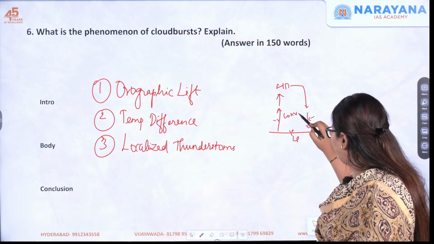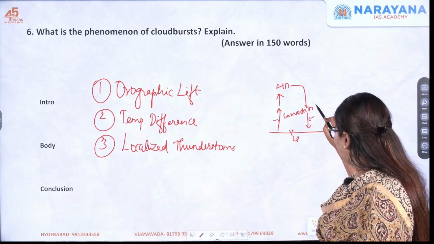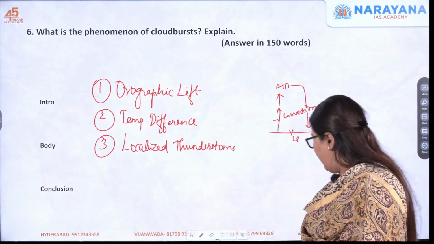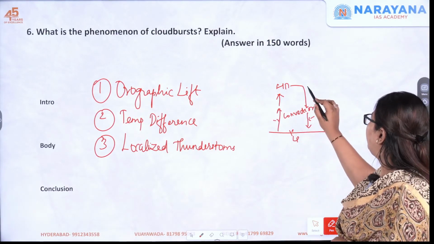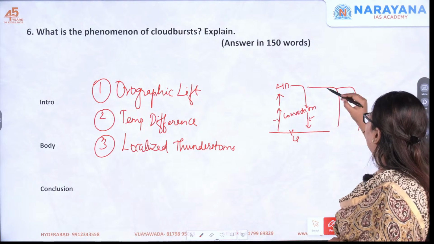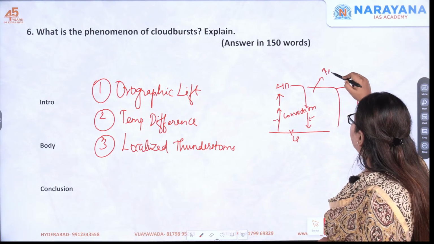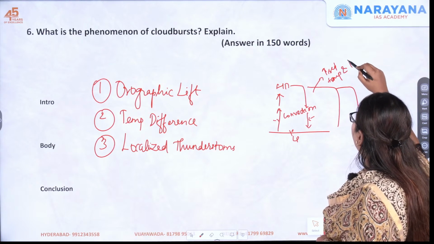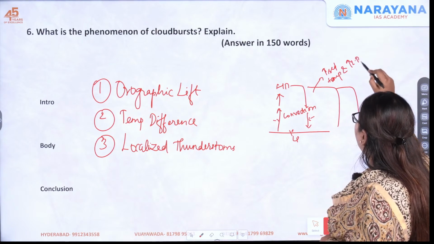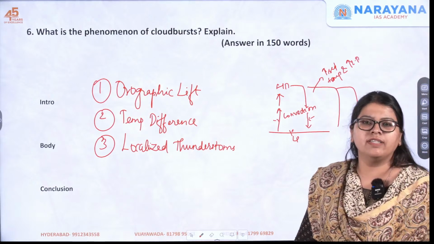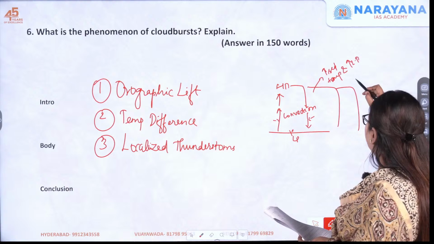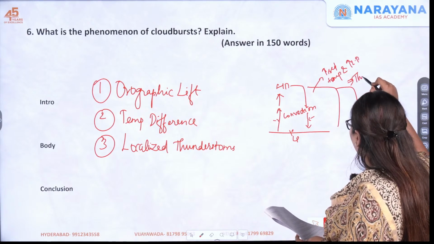So when this convection cell takes place over a large area, that is characterized by increased temperature and an increase in the low pressure, and that results in the occurrence of thunderstorms.